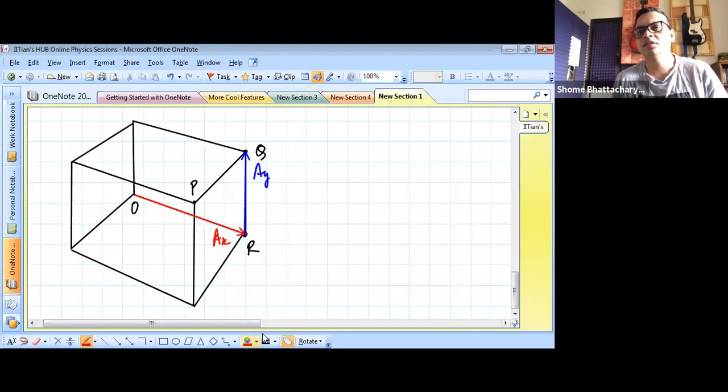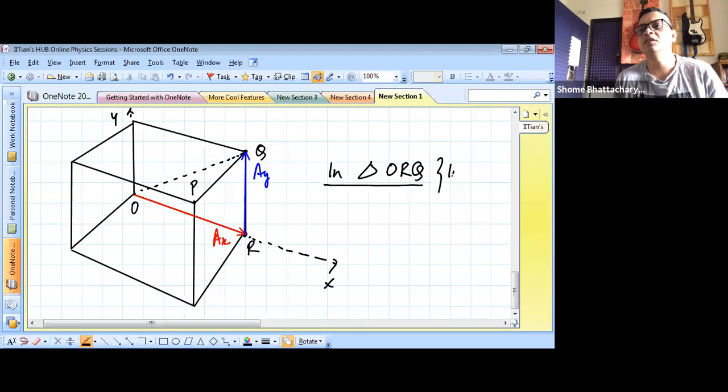And now let us imagine that we are looking at this triangle OQR, which is in fact lying, you can see, in the XY plane. Just imagine this properly in 3D. So forget about the point P for the moment. Okay, just concentrate on this triangle that I've drawn over here. Triangle ORQ. Okay. In triangle ORQ, it lies, you can see, in the XY plane.